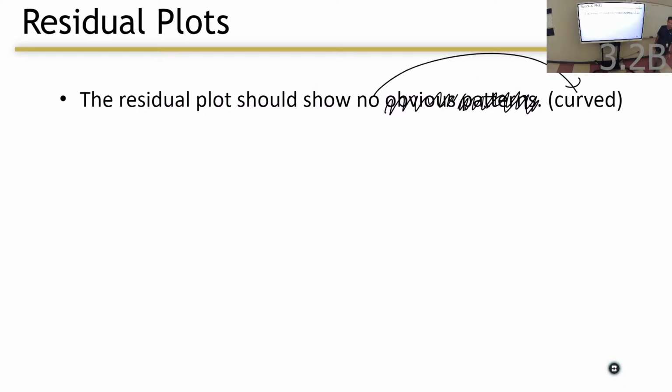A residual plot should not be curved. How about that? It should not be curved. Most of you guys are really mathematical, so you can almost see a pattern everywhere. So I don't mean to say it needs to not see a pattern, right? Here's what I mean by that.